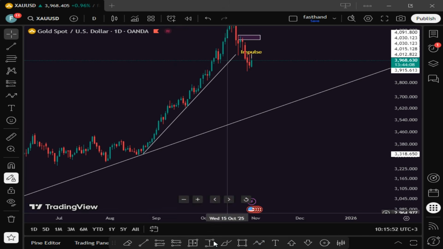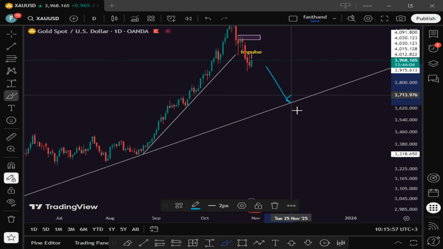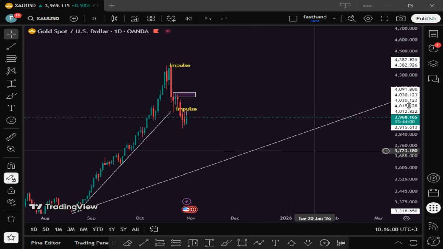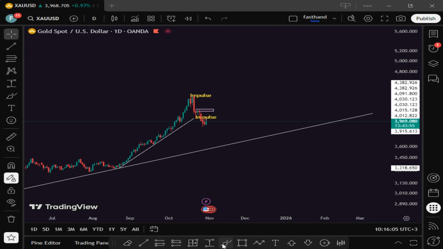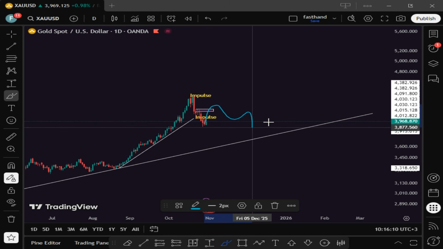But by anticipation, I think we might be going back to retest this trend line of ours, or this support right there. But at the same time, it might not just go back and retest this level, right? This might be the case. Gold might just continue going up once again, false break, then start consolidating, to do all this madness before going up.